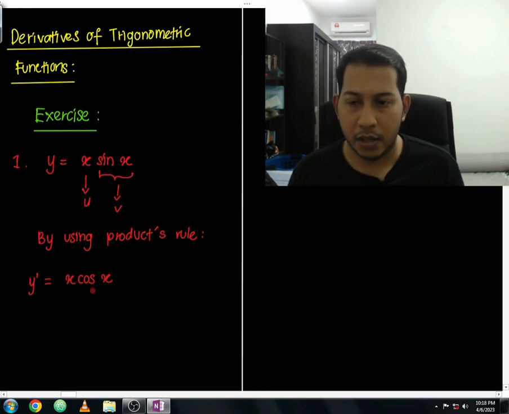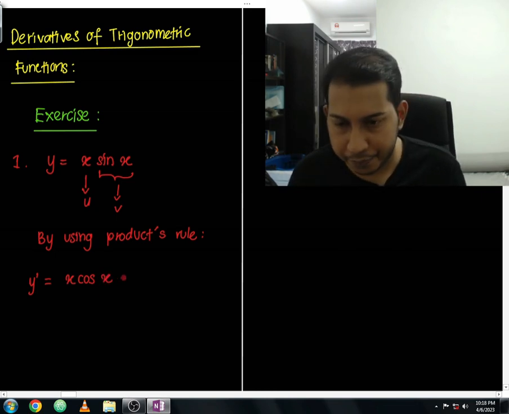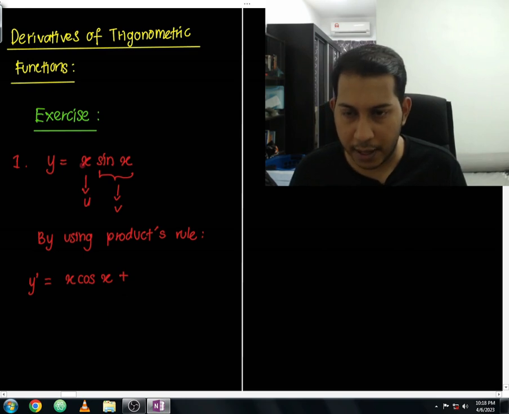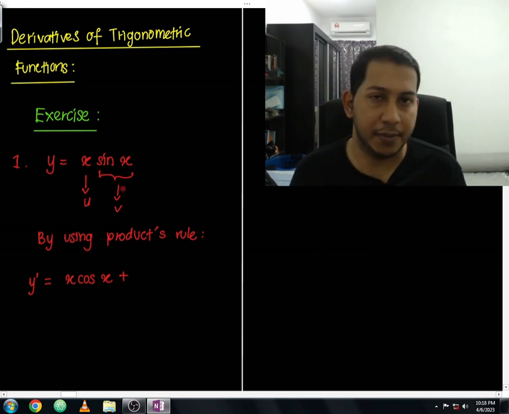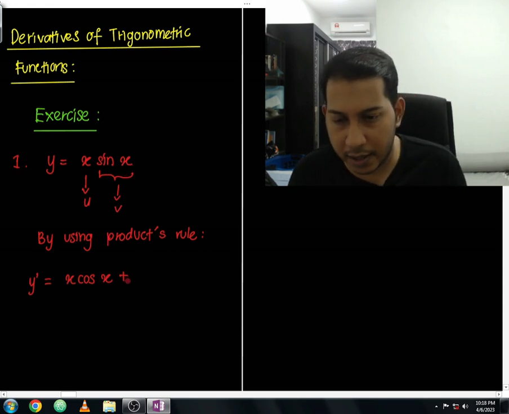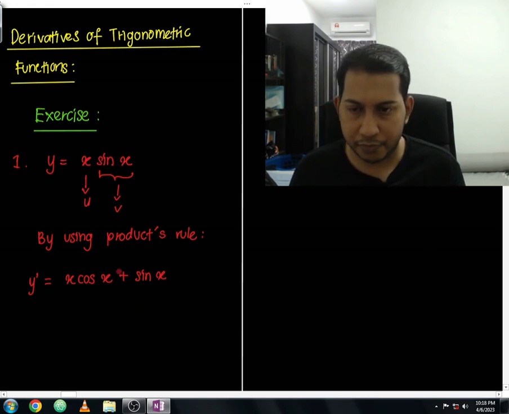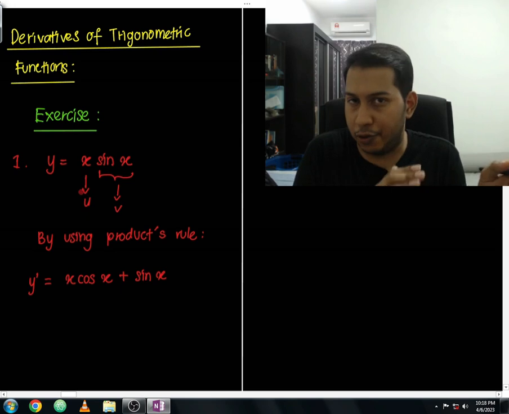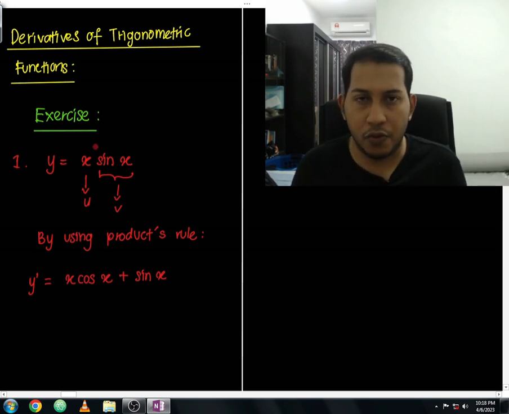Plus, now v's term, the whole sine x term you rewrite in your working here, plus sine x times the differentiation of u with respect to x, in this case it will be 1.